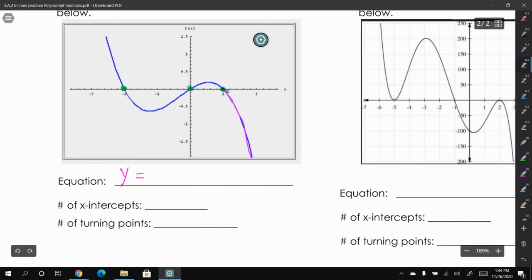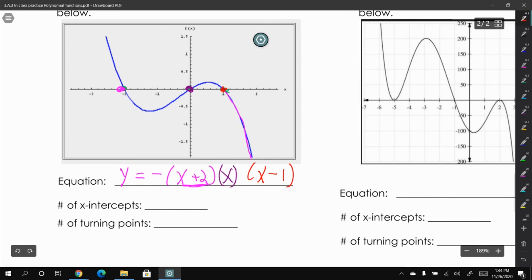So y equals, I'm just going to put a negative sign and not waste my time with a number. So negative x plus 2, because that's for this 0. We're not going to write x minus 0, we can just write x and x minus 1.